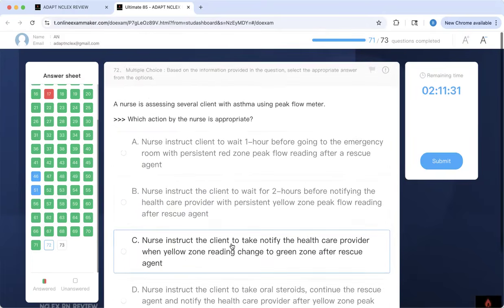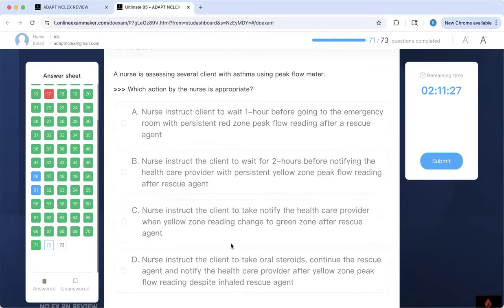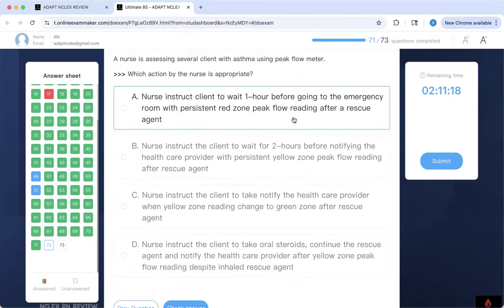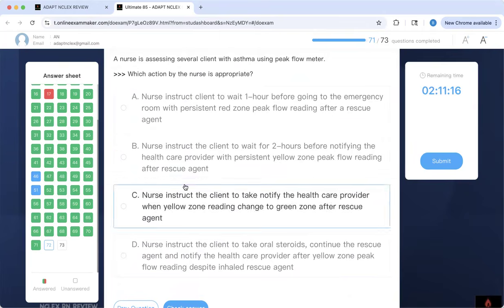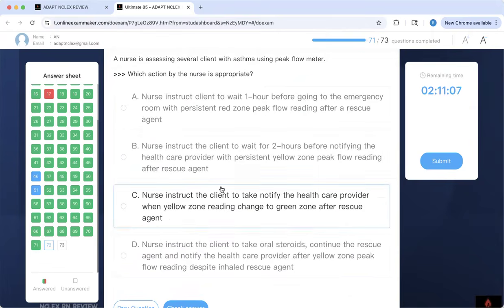Two more questions. A nurse is assessing several clients with asthma using a peak flow meter. Which action by the nurse is appropriate? Instruct the client to wait 1 hour before going to the emergency room with persistent red zone peak reading after a rescue agent. Instruct the client to wait 2 hours before notifying the healthcare provider with persistent yellow zone peak flow reading after rescue agent.